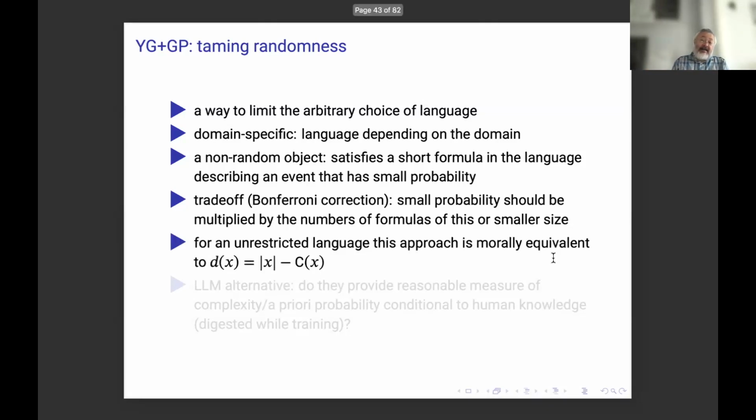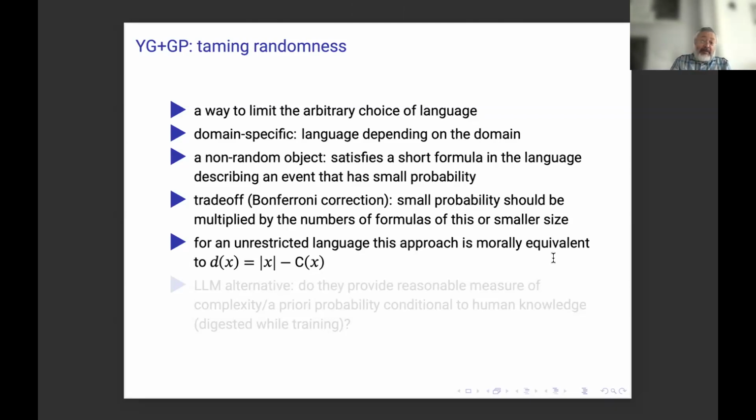And actually, if we try to translate this approach to our complexity language, our complexity language corresponds to the case when we assume any formulas as descriptions. So if we don't limit the arbitrary choice, which was the original idea, then we just start with general complexity deficiency, randomness deficiency, and so restriction can help.